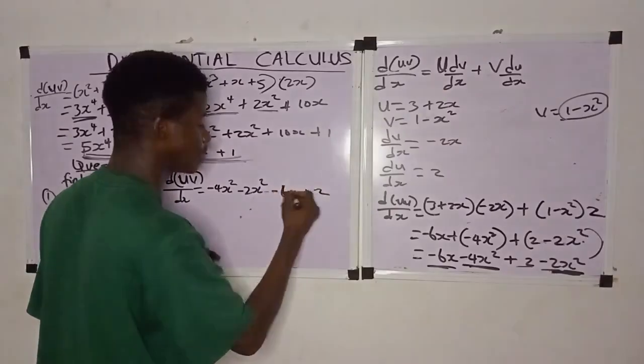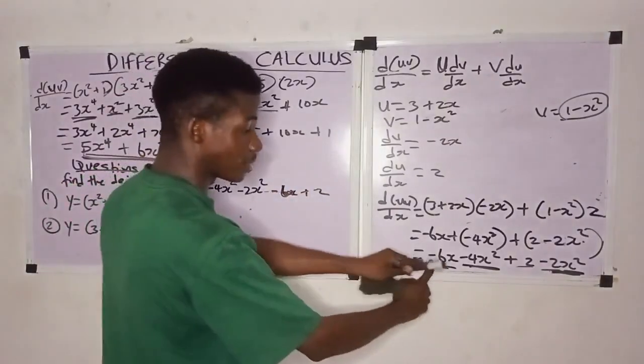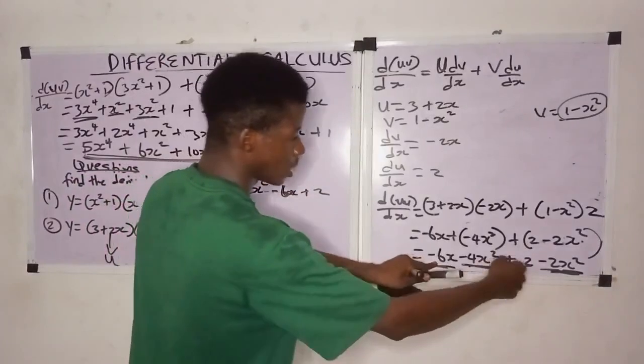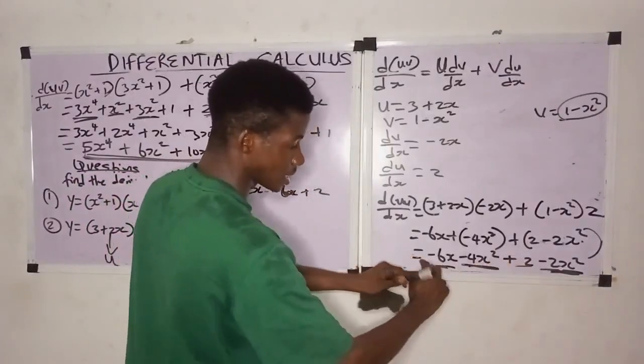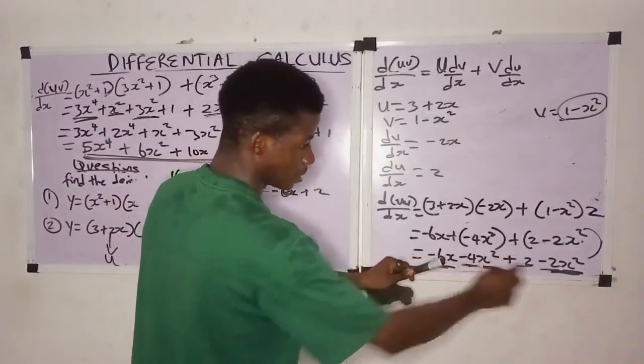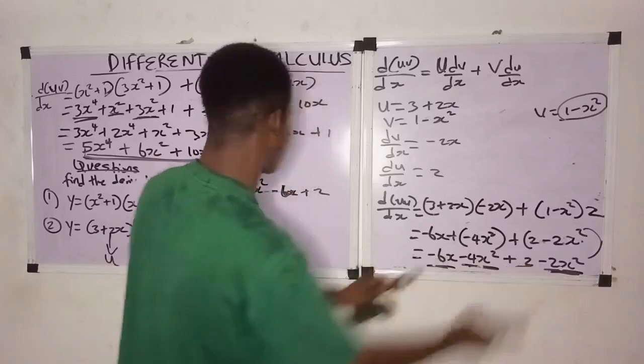Be very careful with the sign: 2 carries plus, 6s carries minus, 4s squared carries minus, 2s squared carries minus, right?